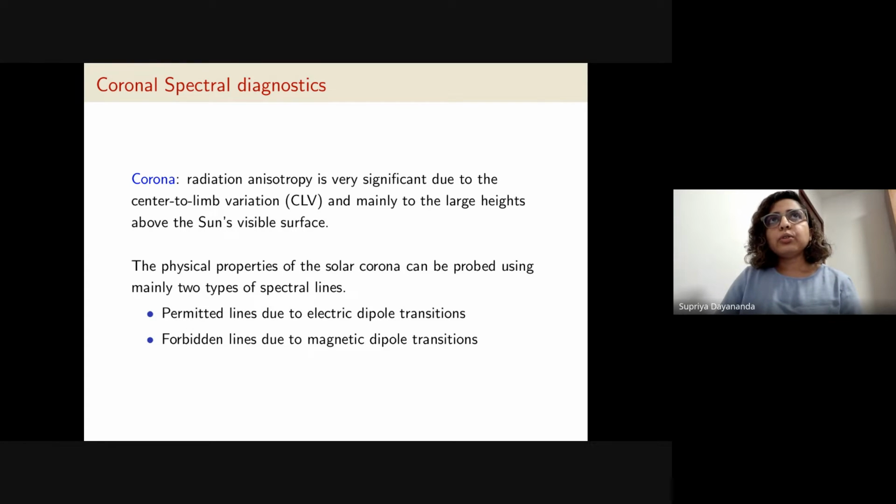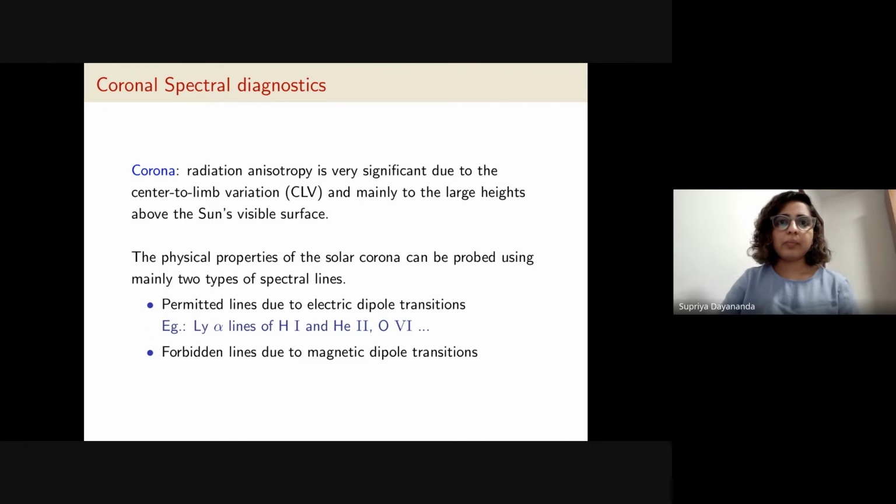So there are two main types of spectral lines which can be used to probe the physical properties of the solar corona. One is the permitted lines, which are formed due to electric dipole transitions. These are the Lyman alpha lines of hydrogen 1, helium 2, oxygen 6, which are usually in the UV range of the spectrum, except for another promising diagnostic line, the helium 1 10830, which is in the IR.